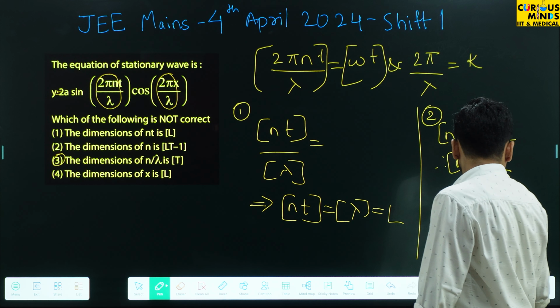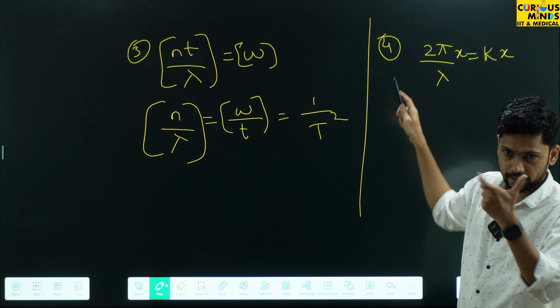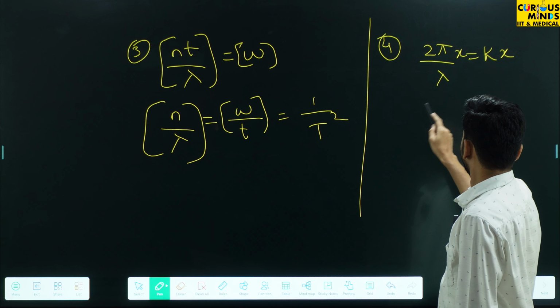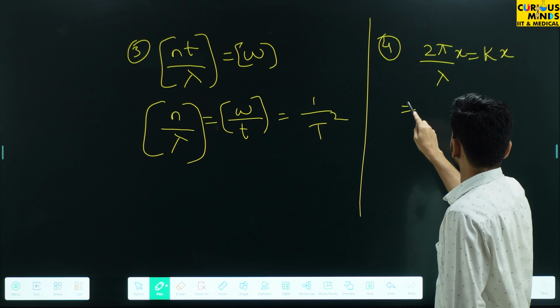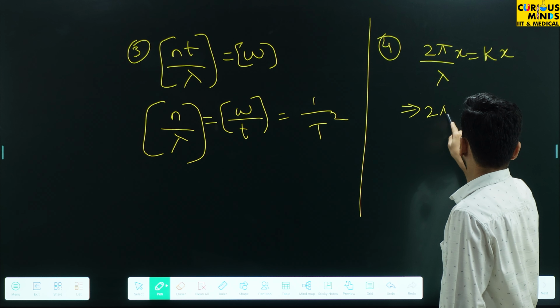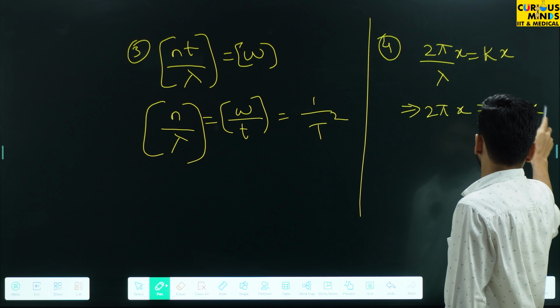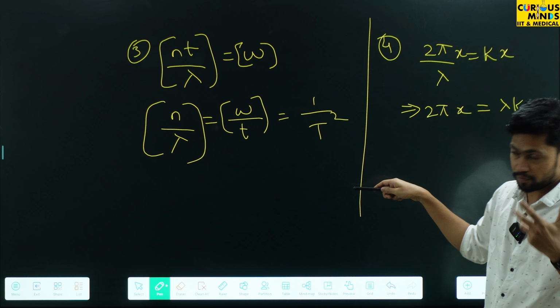Where this x stands for the displacement. Dimension wise this is length. So let me write it down. Rather, it can be 2 pi x will be lambda into kx, where this x is the length and this is the x that we have to find.